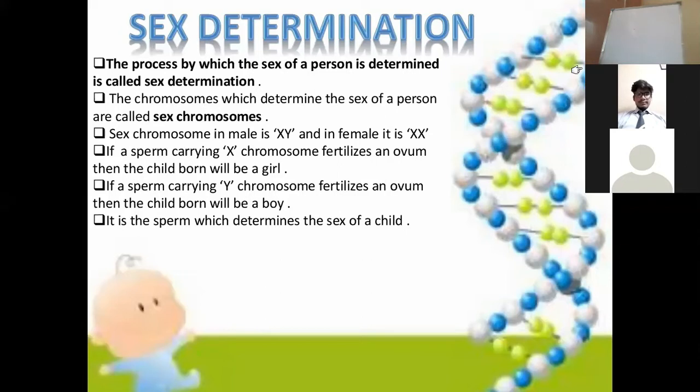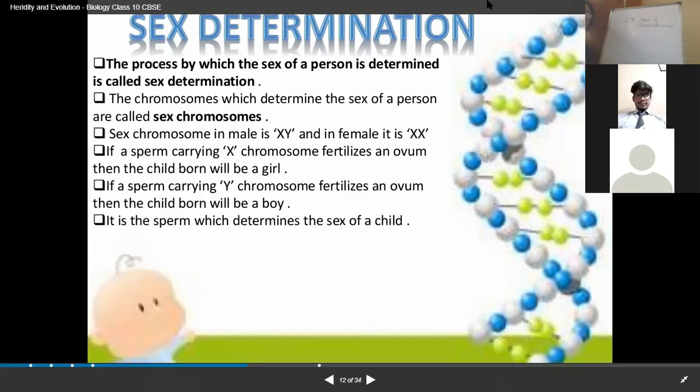I have told you that each human cell is diploid in nature. It means that it has 23 pairs of chromosomes, right?